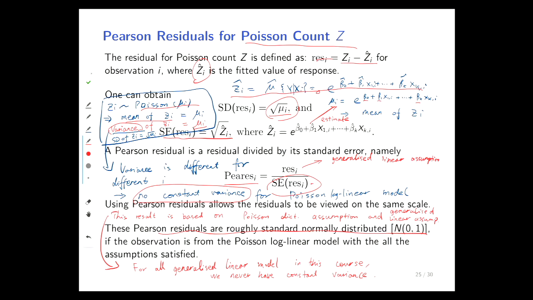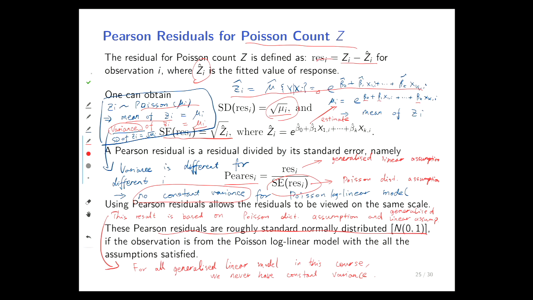And the standard error actually comes from the Poisson distribution assumption, because when we construct this Pearson residual, we use both assumptions. So if this Pearson residual is really normally distributed, we should have these two assumptions satisfied.